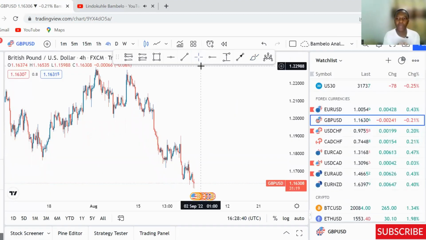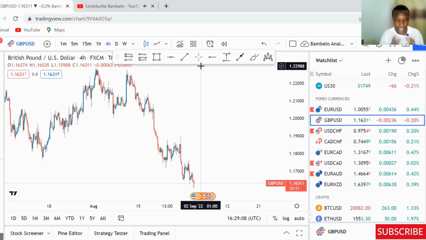If we were treating these pairs as indicators, I would say that GBP USD is the leading indicator, Euro USD is the lagging indicator, right? But we're dealing with currencies now. So between Euro USD and GBP USD, I would say GBP USD is leading. Let me explain why. I say GBP USD is a leader, and Euro USD is a follower.